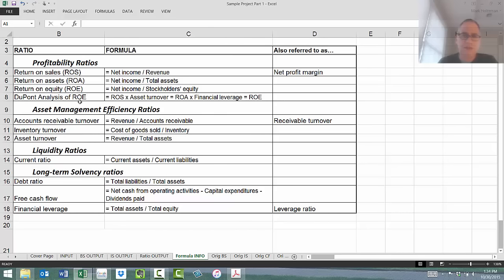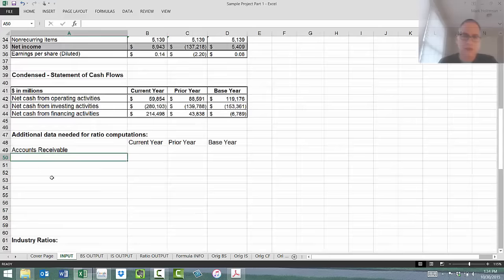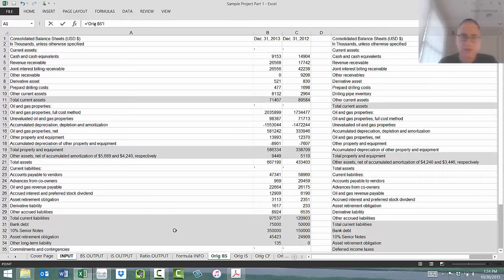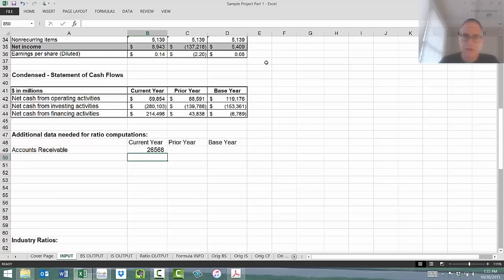And we look here for things that we don't otherwise have. One thing is, for example, accounts receivable. So I go here onto the input page and I write in accounts receivable and enter accounts receivable for the current year. So I go to the original balance sheet and here you can see they call it revenue receivable. There it is.